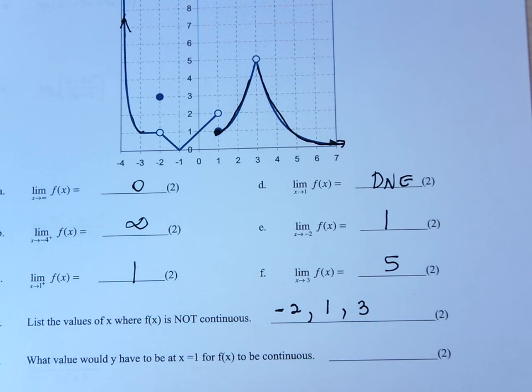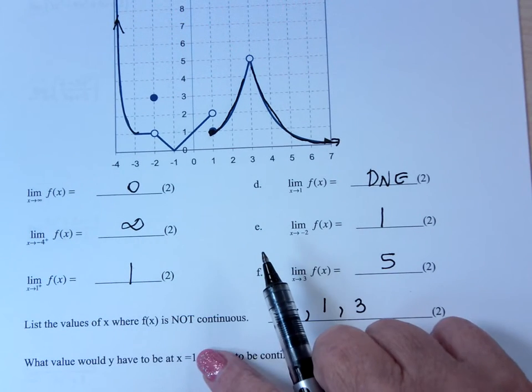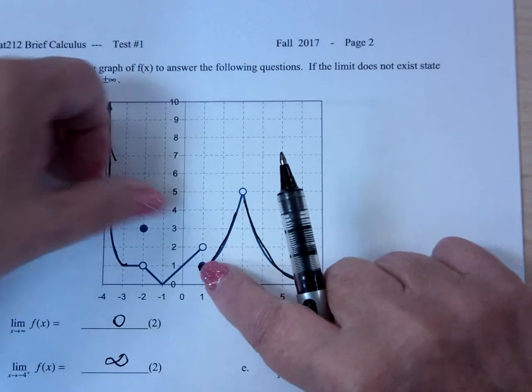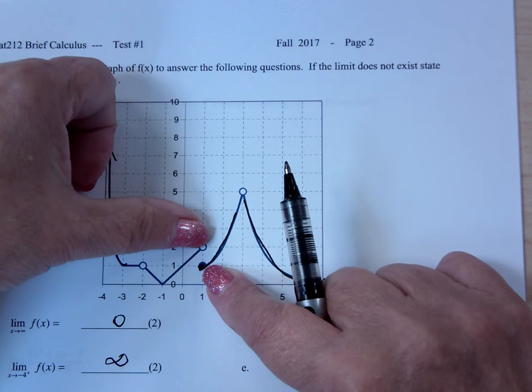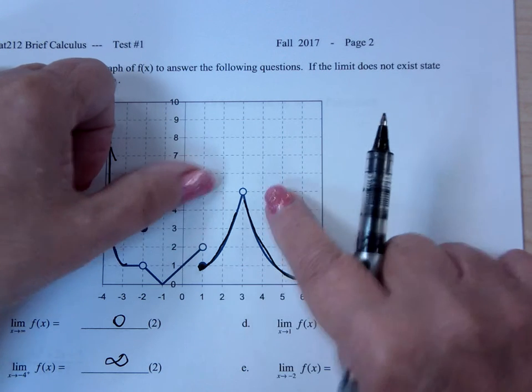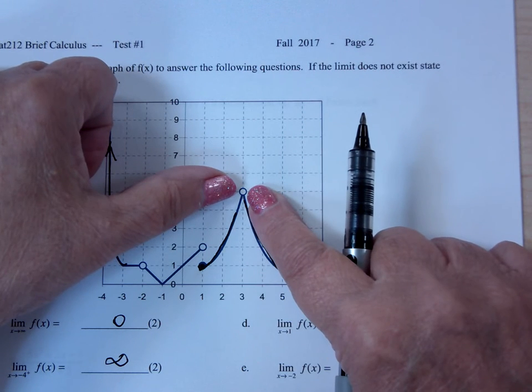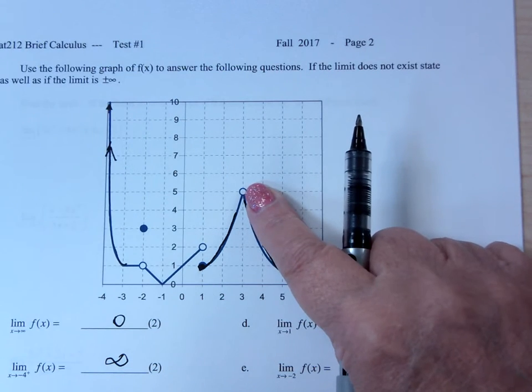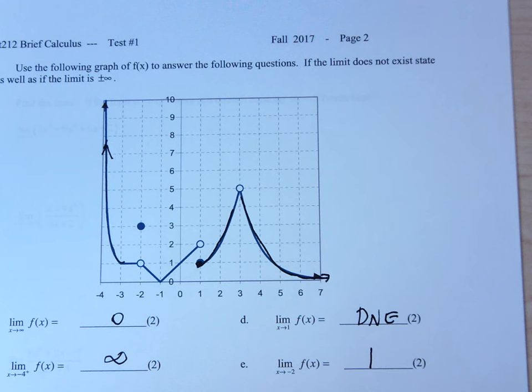This is where I screwed up. It says for what value of x at x equal 1 for x to be continuous. Well, at x equal 1, it's a jump discontinuity. There is no way on God's green earth that this thing will ever be continuous. I actually meant for x equal 3, and that would have been 5, but I screwed up. So I gave you credit for this, and so we just say these are extra points.